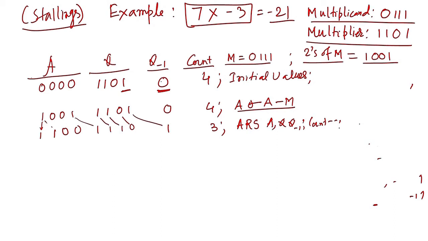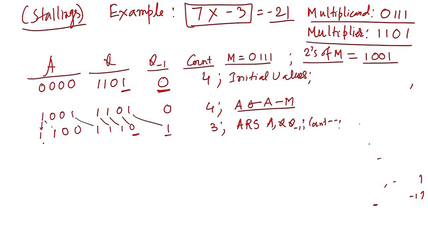Okay. So, now what next? Now, you have to check these bits, 0 1. 0 1 means what? A block of 1 has just completed. Okay. So, if it is completed, then you have to add. Add what? Add the multiplicand, not the 2's complement. So, here you add 0 1 1 1.